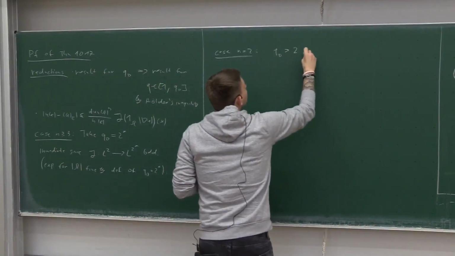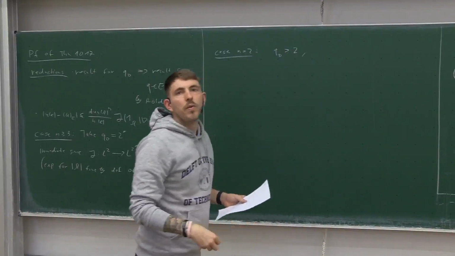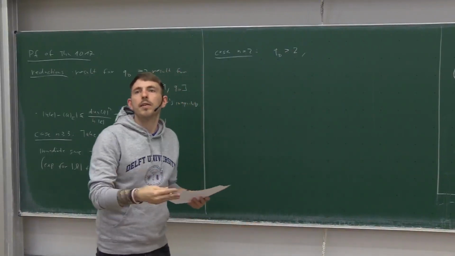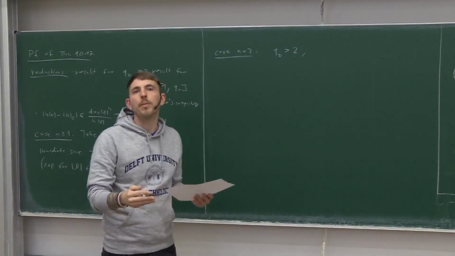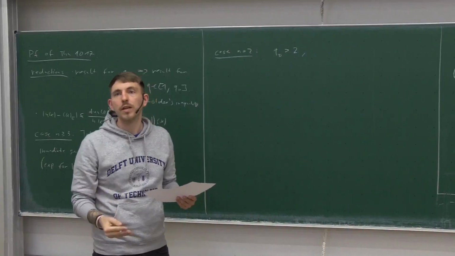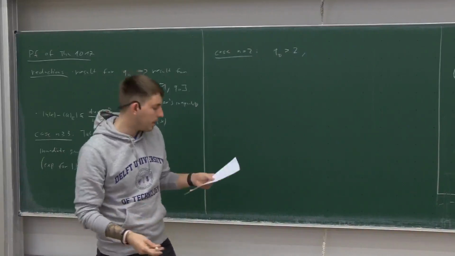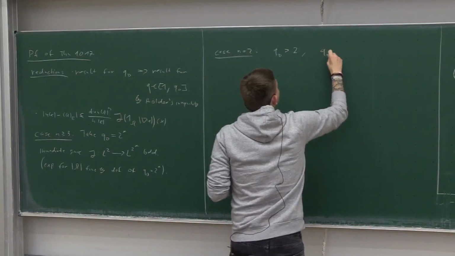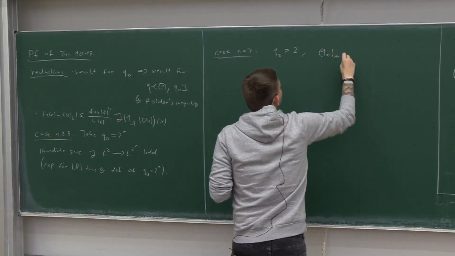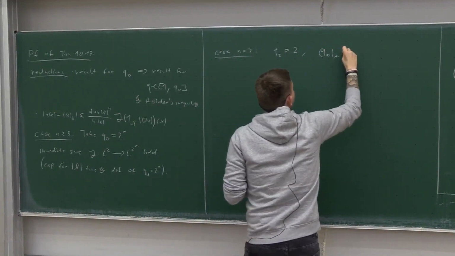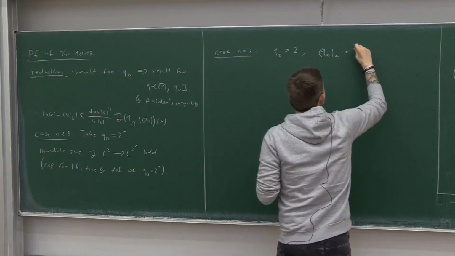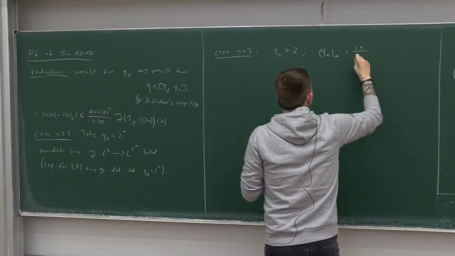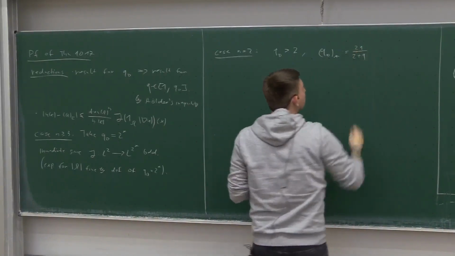If q naught is strictly larger than 2, then I can define, so last time we had the Sobolev conjugate, which is sometimes also called the upper Sobolev conjugate, and now we define a lower Sobolev conjugate. So we define the number q naught lower star as 2q over 2 plus q.